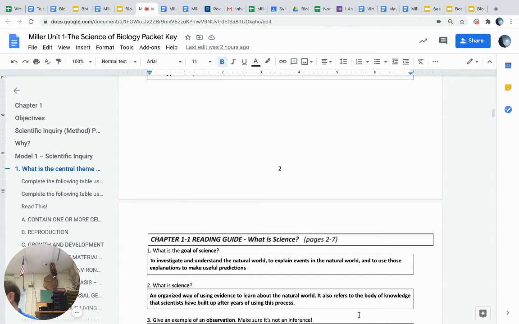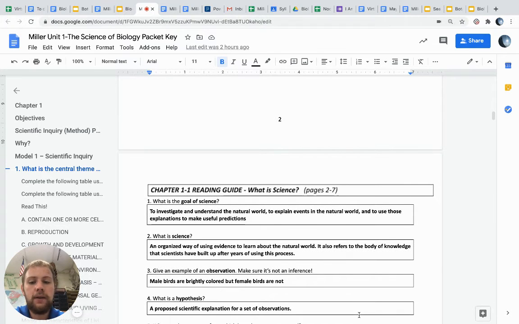All right. So this section corresponds to section 1.1 of our text. In order to define the goal of science that would have been found in the text, the goal of science is to investigate and understand the natural world, to explain events in the natural world, and to use those explanations to make useful predictions and useful hypotheses.